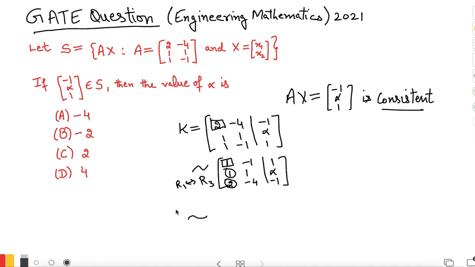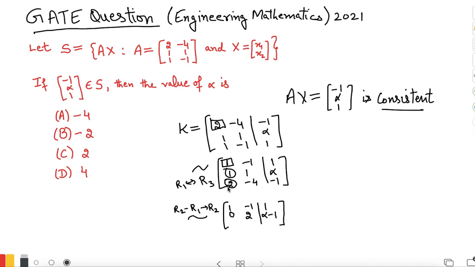So we use two operations. First, row 2 minus row 1 on row 2. The first row remains the same. In the second row we apply second row minus first row. So 1 minus 1 is 0, 1 minus of minus 1 becomes plus 2, and alpha minus 1, so the last term becomes alpha minus 1.